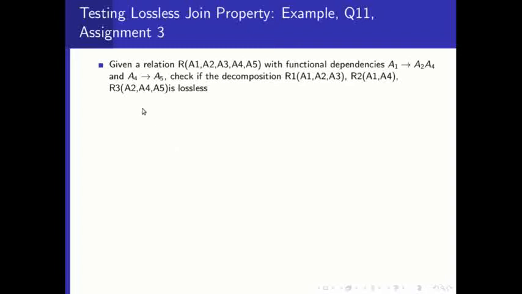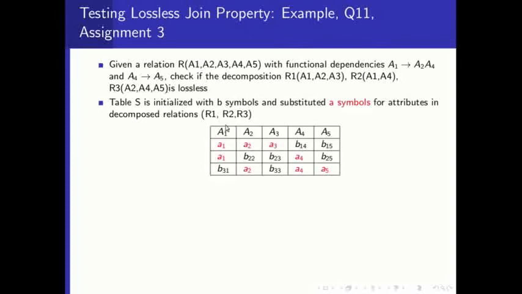Now, which are the B symbols to be replaced with A symbols because of these relations R1, R2? For the first row, corresponding to R1, you should replace B11 with A1, and likewise A2, A3. Similarly, for the second row, the first attribute as well as the fourth attribute, the B symbol should be replaced with A symbols, A1 as well as A4. Similarly, for the third row, the second column, fourth column, and fifth column should be replaced with A2, A4, and A5.